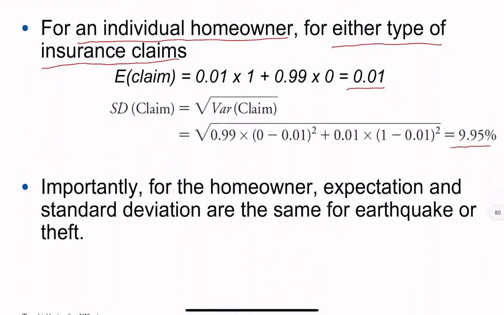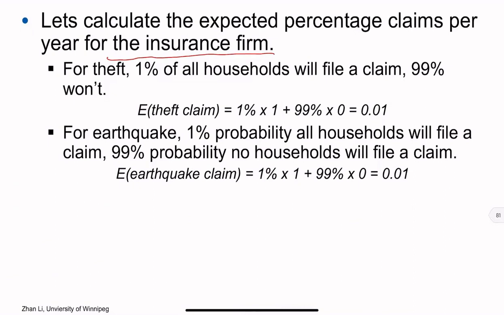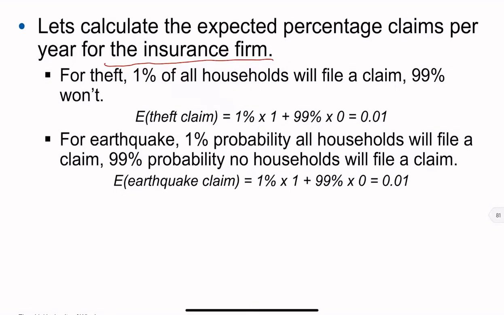Now, let's first do some calculation here. Let's first calculate the expected theft claim, right? So basically for theft, each year, 1% of all households will file a claim, and 99% will not.